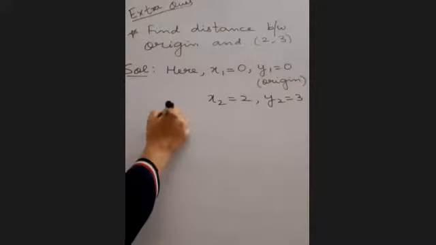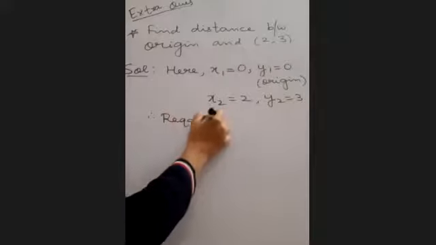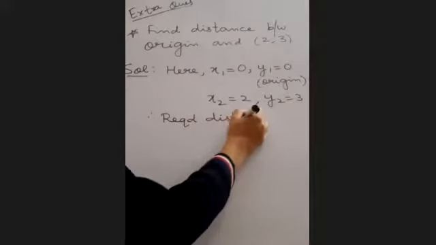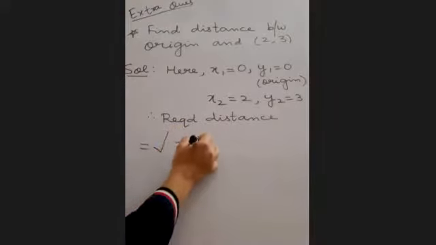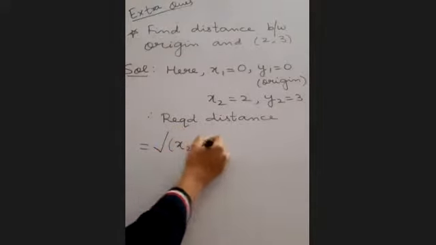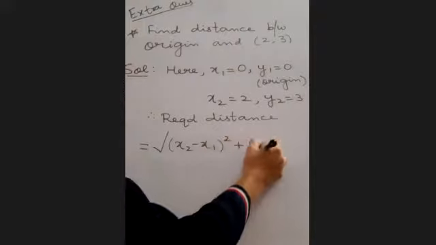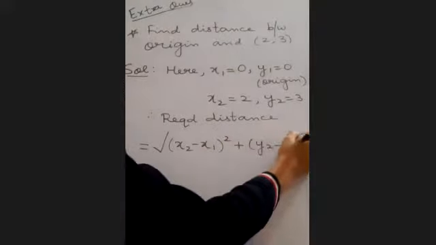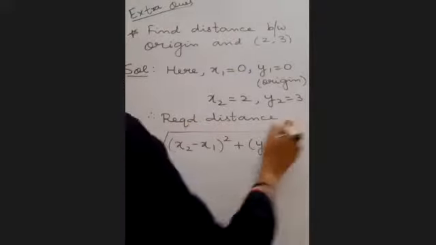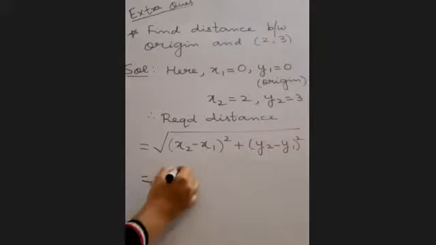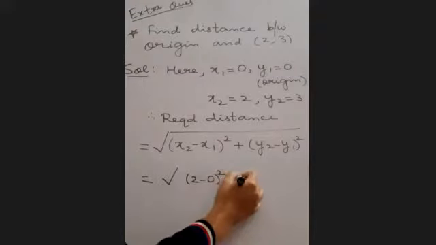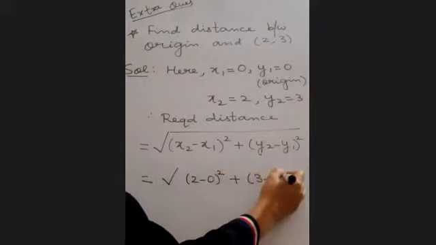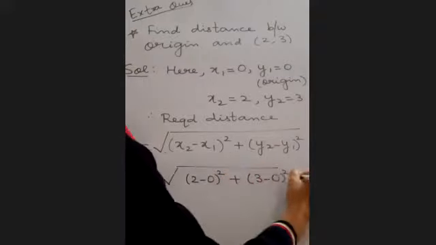So therefore, the required distance is equal to x2 minus x1 whole square plus y2 minus y1 whole square, which is in the square root. That means 2 minus 0 and 3 minus 0 square units.